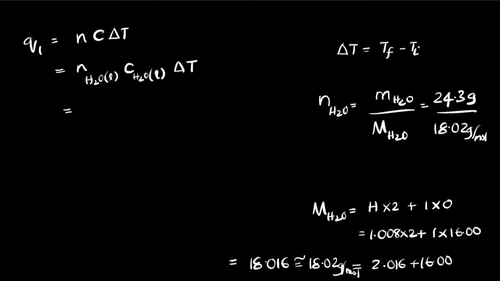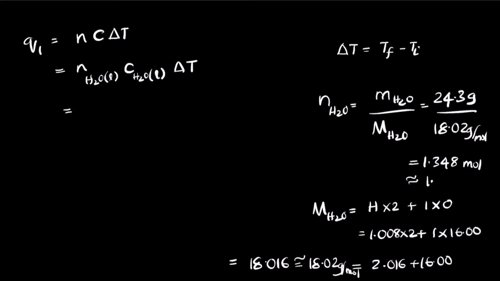So use a calculator and find the exact value. So we have 24.3 divided by 18.02. So that gives you an answer of 1.348 mole. So we only needed 3 significant figures.